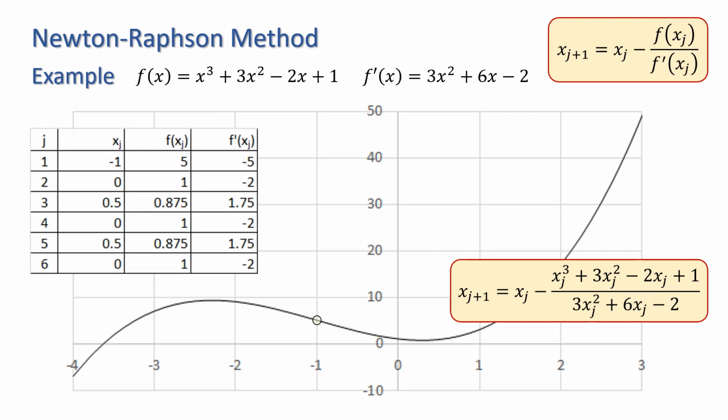We get similar results for a start point of x equals -1. After the first iteration, we are stuck in the same loop, which is associated with the minimum of the function between 0 and 1.